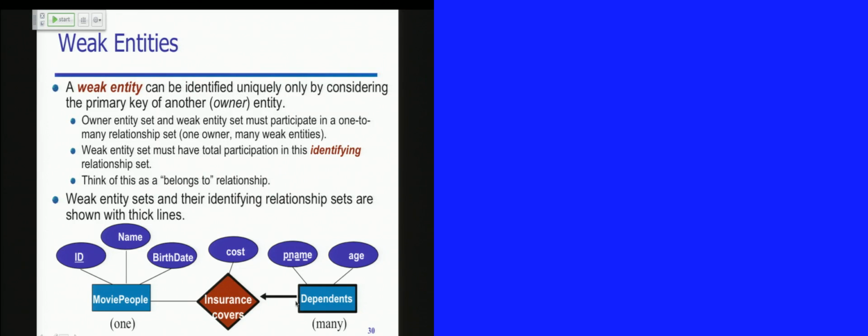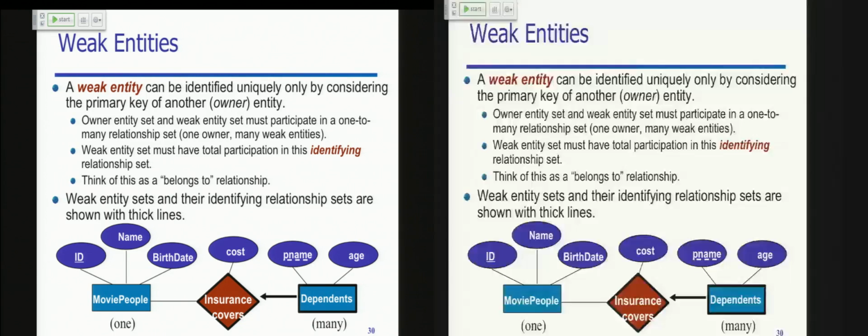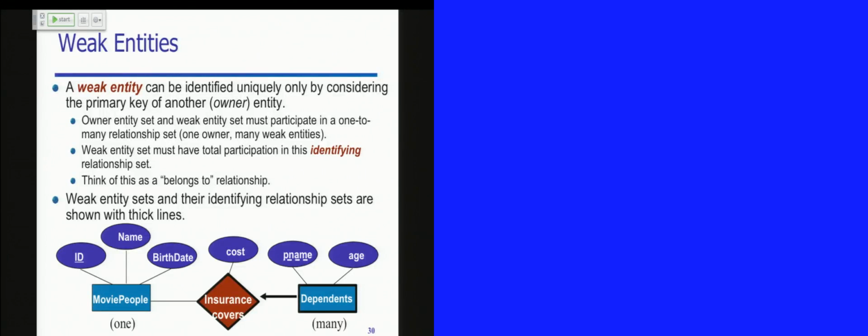A weak entity also needs to be one-to-many. So a dependent cannot be insured by multiple movie people in my database. That's why the arrow points towards the movie people. Whenever I know the dependent, I would know who the movie person related to that dependent is. Again, weak entity sets are shown with a thick rectangle, thick line, and a thick diamond.